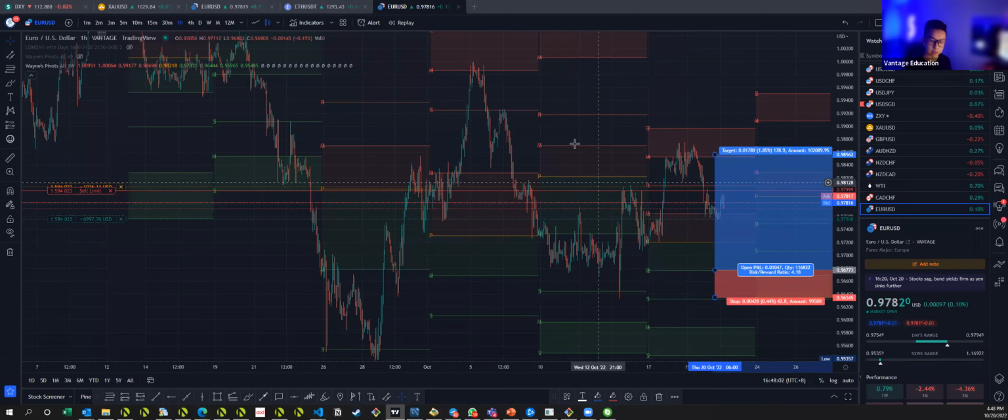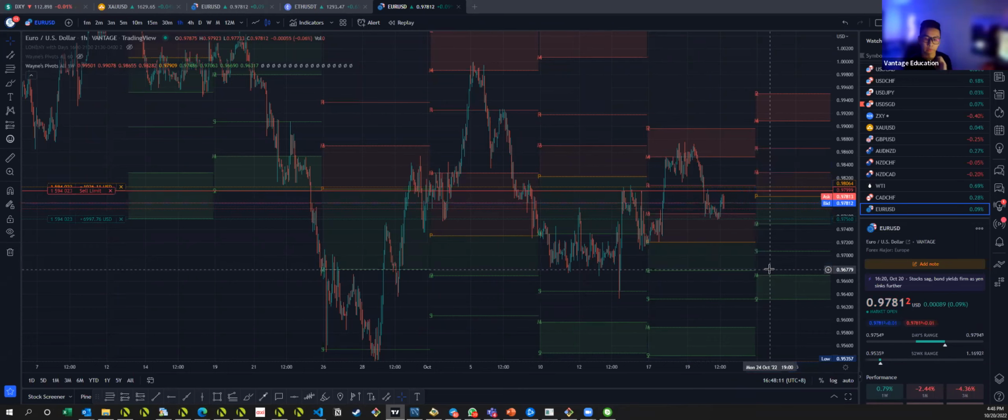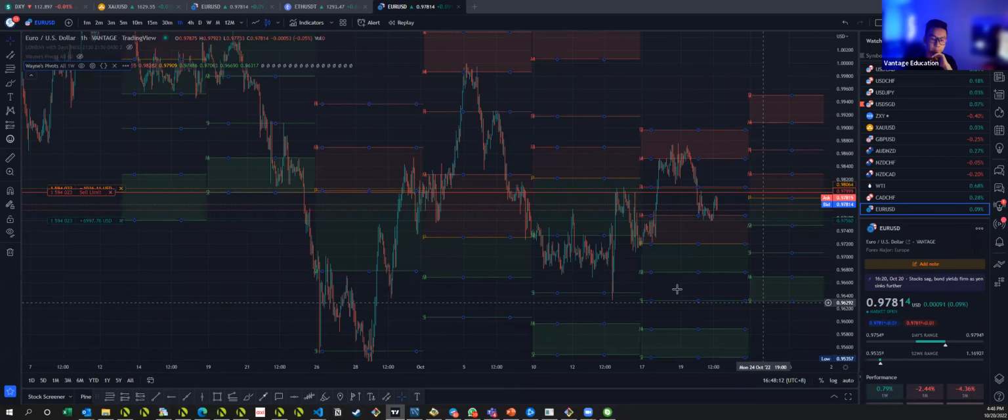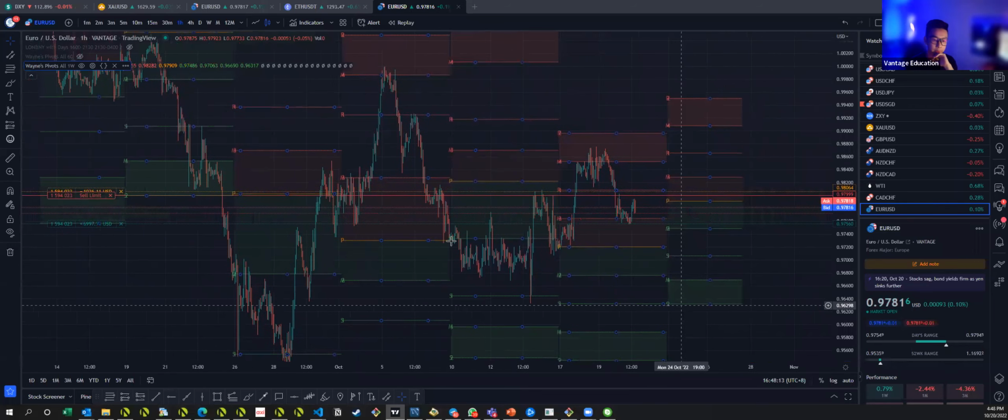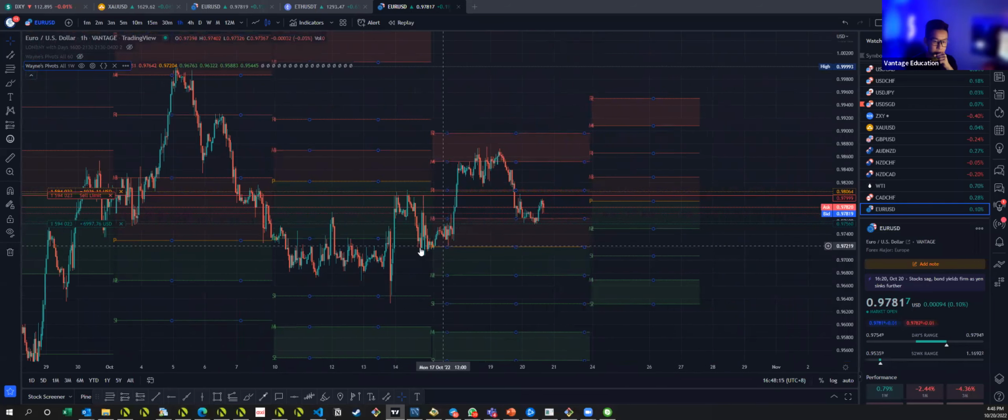In certain cases, it might not be of equal size, but if you were to enter at M2 and take profit at M4, it's usually at least a 1:3 risk reward ratio already.